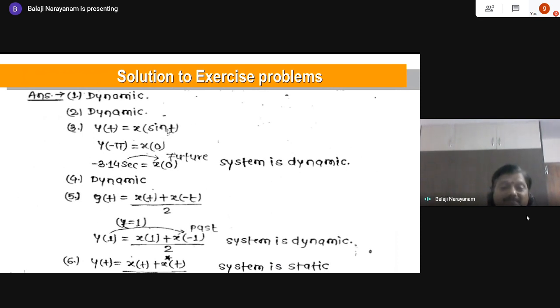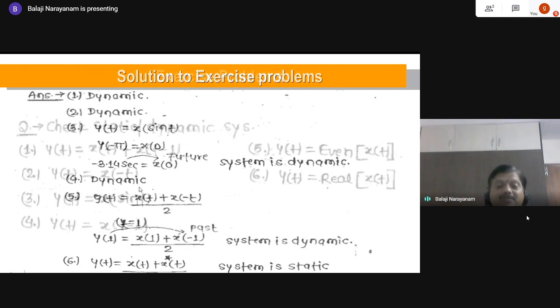That will result in a value of 0, since sine pi is 0, so x of 0, not multiplication, x of 0. So what is x of 0? It is a future value. So y of minus pi, which is minus 3.14, is dependent on the future value, and the conclusion can be drawn as a dynamic system.